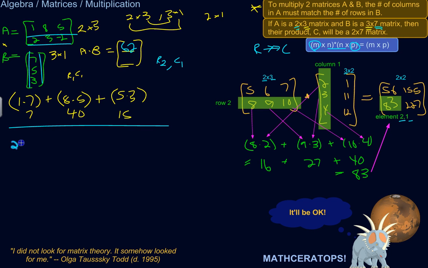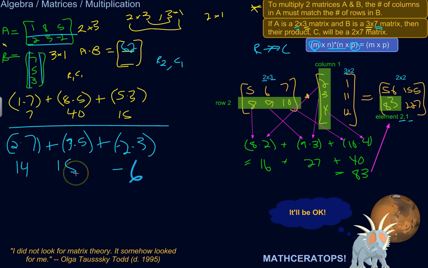So 2 times 7, plus 3 times 5, plus negative 2 times 3. So 2 times 7 is 14, 3 times 5 is 15, negative 2 times 3 is negative 6. So 14 plus 15 is 29, minus 6 is 23. So the value of that element is 23. And then we're done for that.